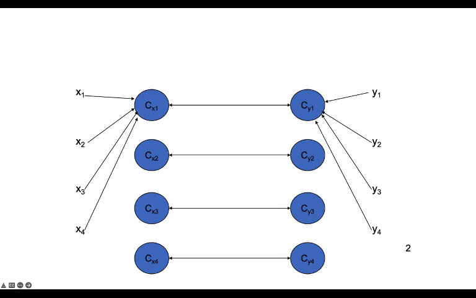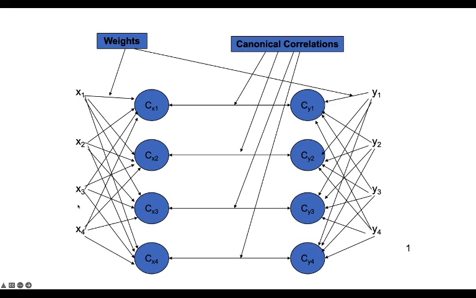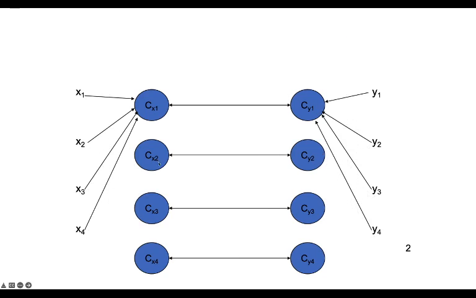Looking at this a bit more simplified, if we just look at the first canonical variate, we can see that each of our four x variables adds some variance to this first canonical variate.